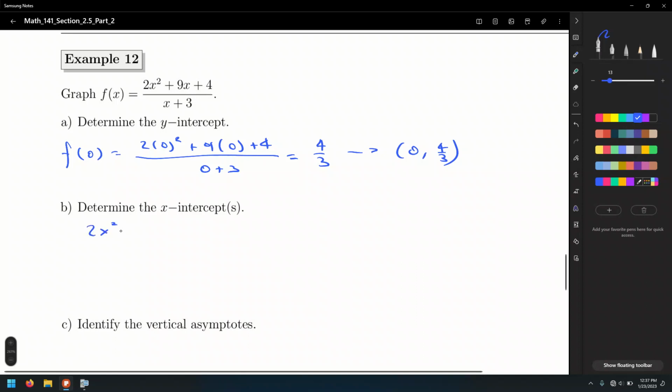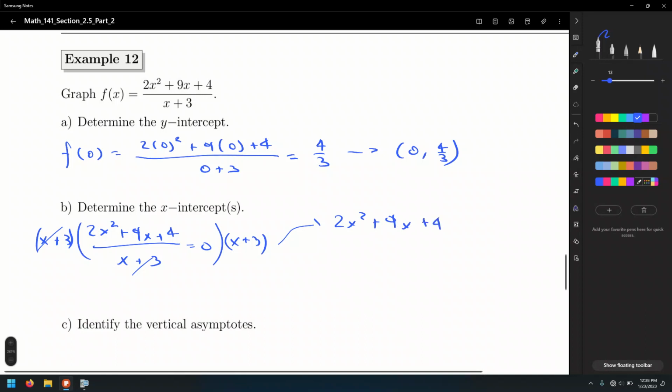For this, we set the whole function equal to 0 and solve the equation. Multiply both sides by the denominator x plus 3, and notice how this cancels. That's going to lead us to, I'm going to go over here, 2x squared plus 9x plus 4.